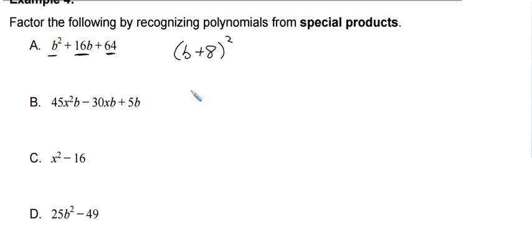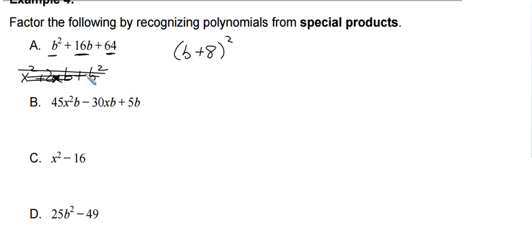Because the rule was... I put an X here. I know that doesn't look exactly like the rule, but it said first term squared, last term squared, and these are the square roots multiplied together and doubled. So this is the special case, okay?